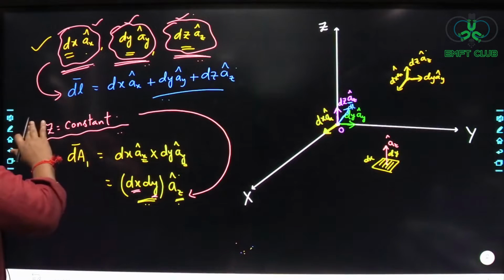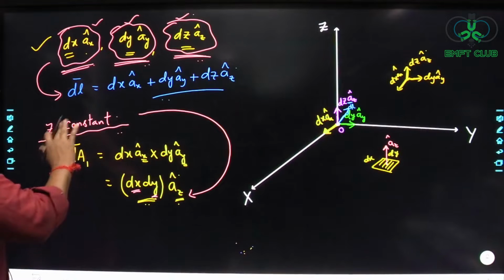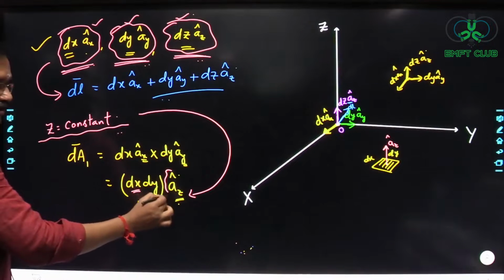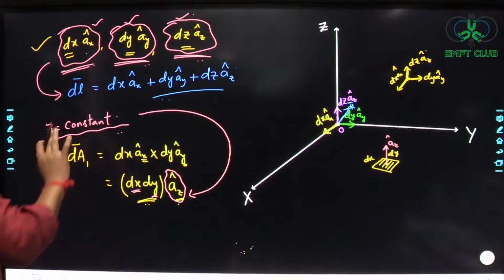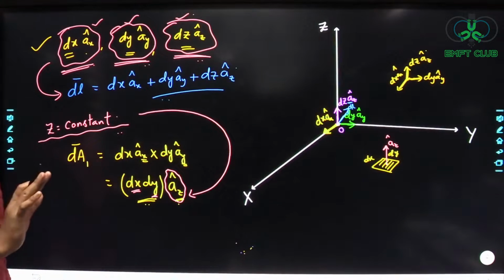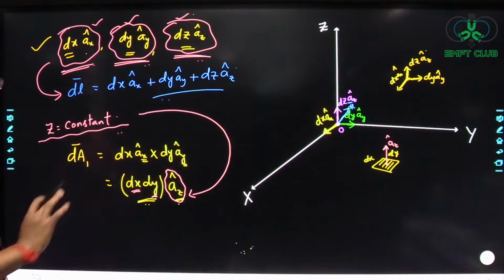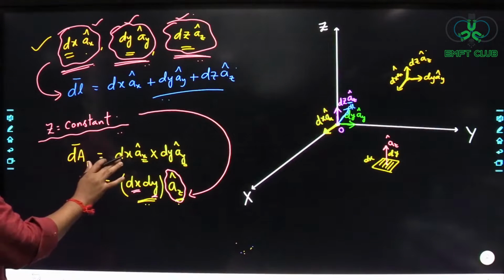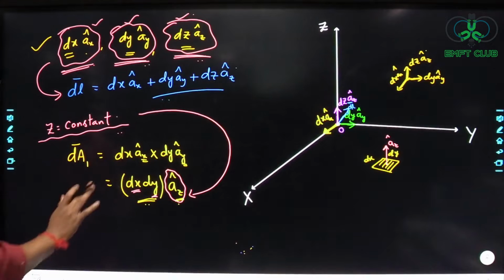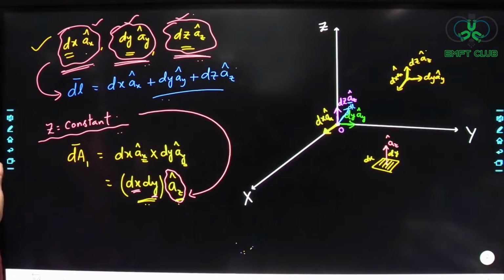For the z equal to constant plane, what is its direction? Its direction is along az cap. So remember this point: for the z equal to constant plane, the direction is along az cap. And here you are enclosing the surface from dx ax cap to dy ay cap, from x to y.